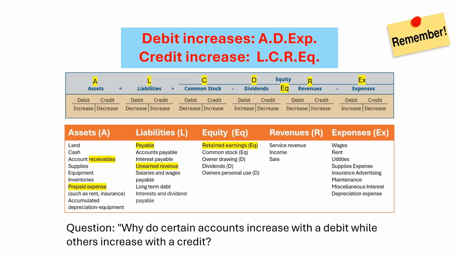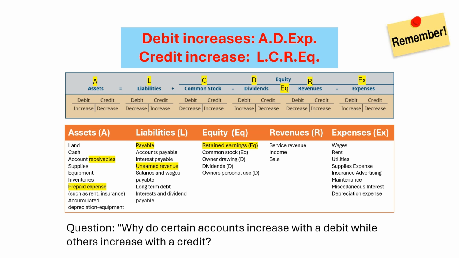So the first is the extended accounting equation, which is assets equal liabilities plus common stock minus dividends plus revenue minus expenses. The four items, common stock, dividends, revenues, and expenses, are all equity, but because they go in different directions, they are put on different sides in the accounting equation as well as in double entry.